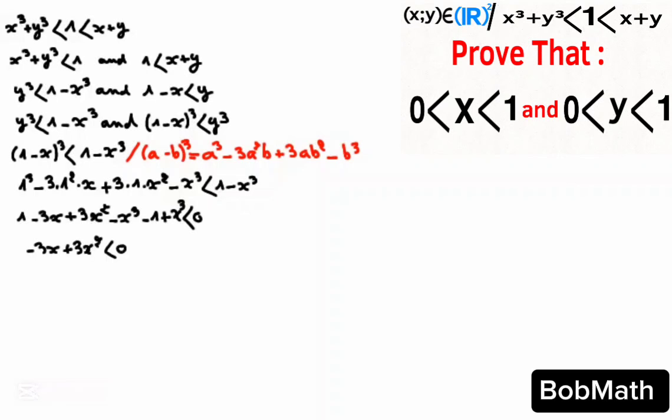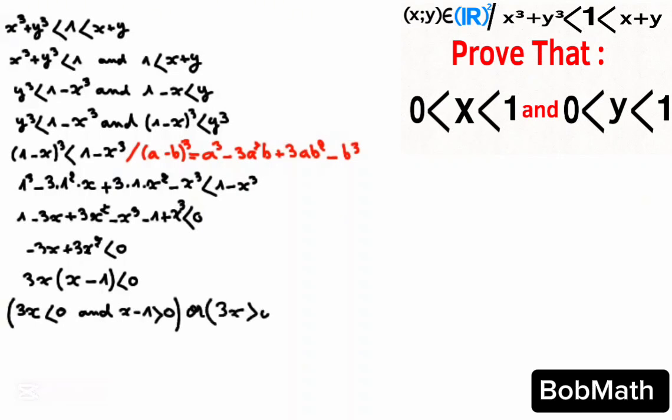Now we have a common factor, the number 3x. So 3x times (x minus 1) less than 0. Now we have two cases. So 3x less than 0 and x minus 1 greater than 0, or 3x greater than 0 and x minus 1 less than 0.